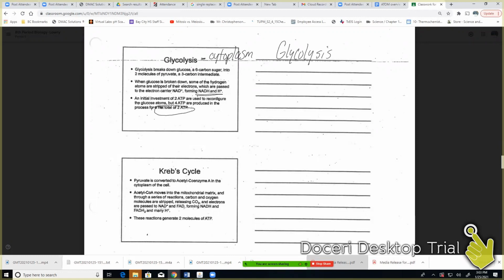So glycolysis, which stands for the breakdown of glucose, is when the glucose is broken down into 2-pyruvate, and I'll spell that PYRUVATE, plus 2 net ATP.